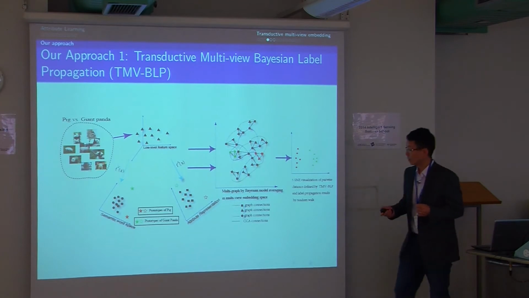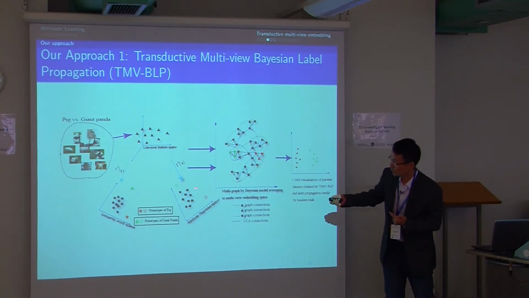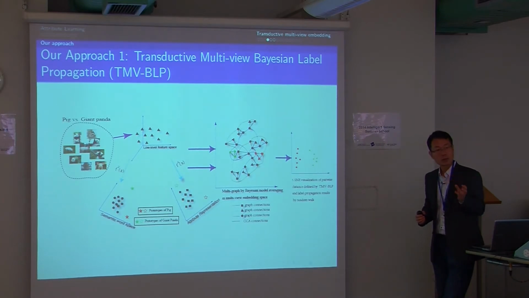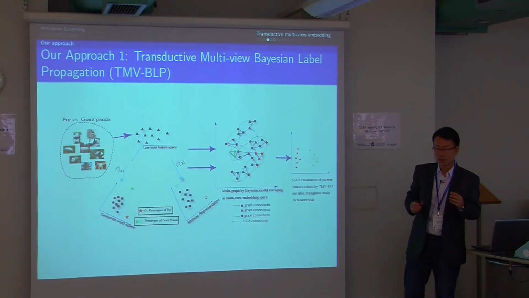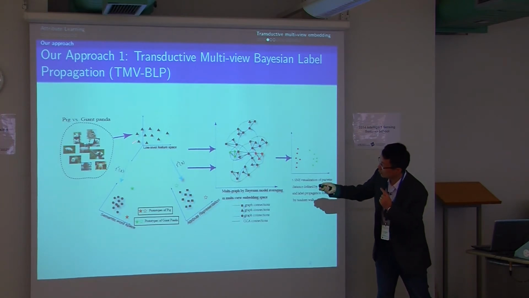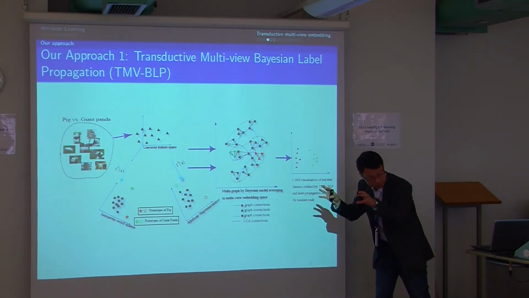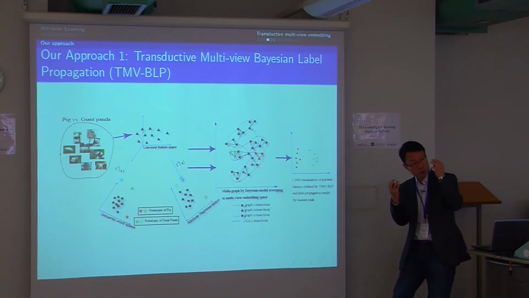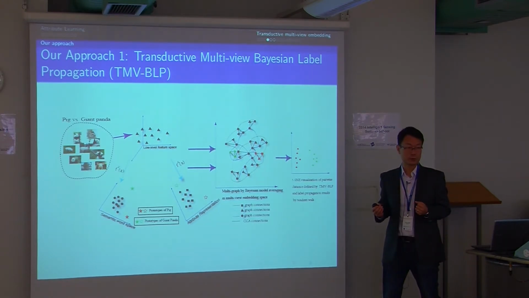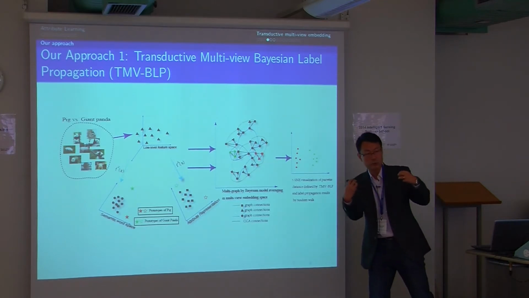So now you have two other views. Our idea to solve the projection domain shift problem is a so-called transductive embedding, which means we look at these three views for the testing data, and we try to maximize the correlation of these three views so that they are forced to be correlated.